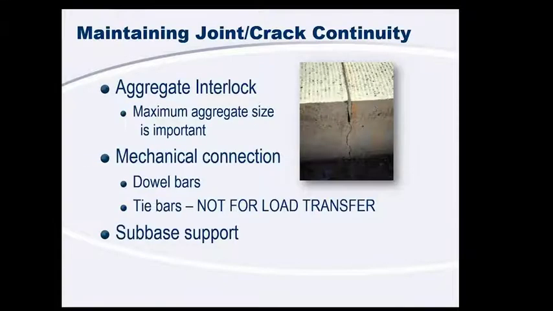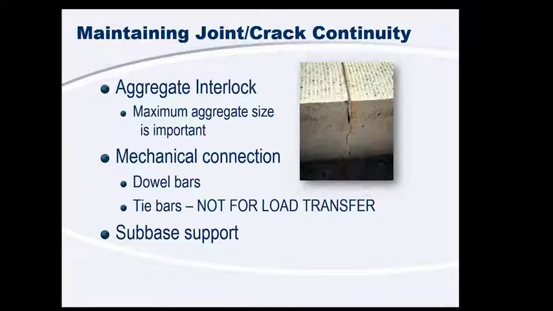All right, so now we can move on to load transfer, and I've mentioned this throughout the webinar so far, on what the different mechanisms are for load transfer and what's actually happening with them, but we'll go through them a little bit here as well. Our main forms of load transfer are aggregate interlock, which we've talked about, mechanical connection in the form of dowel bars, and then sub-base support.